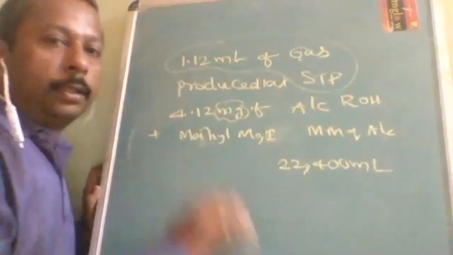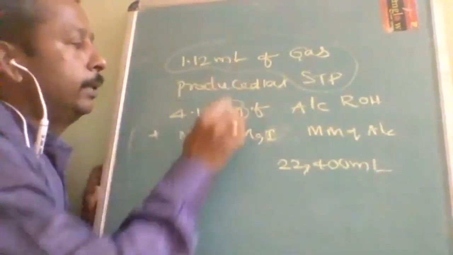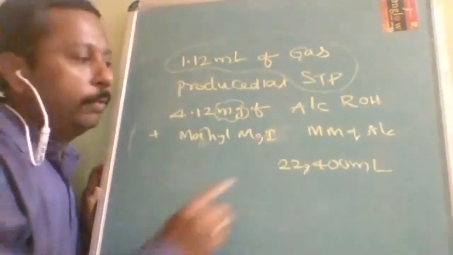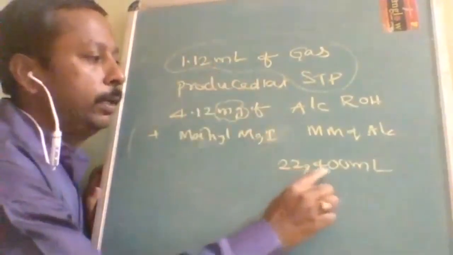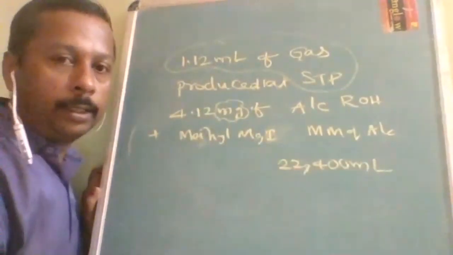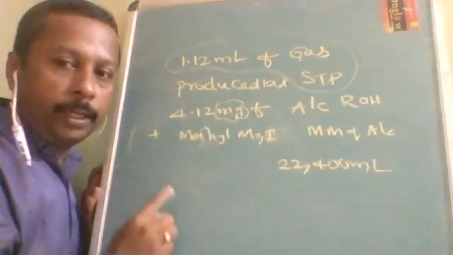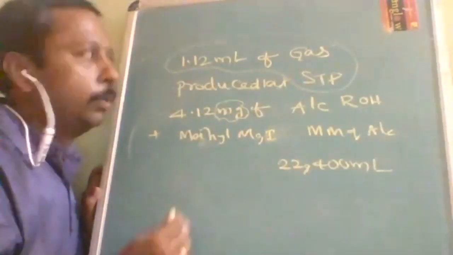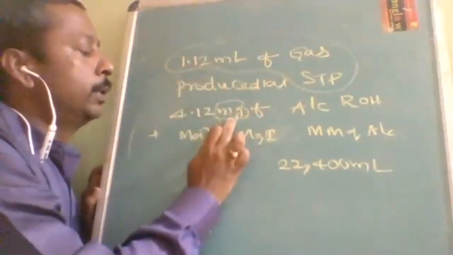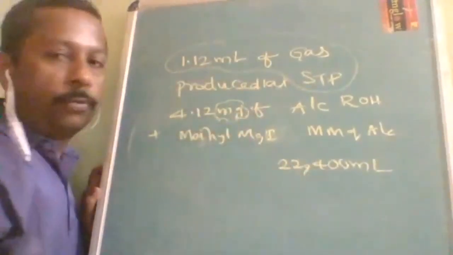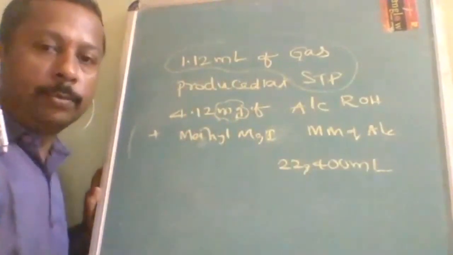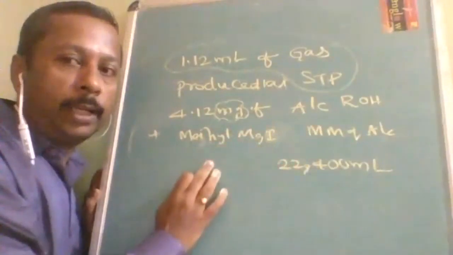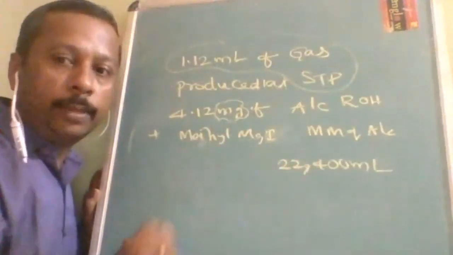See here, the beauty of this question lies in the units only. Milligrams and milliliters are given. Whenever milliliters are given, use 22,400. And here milligrams are there, immediately you should convert them into grams. So if this many milliliters equal this much, then 22,400 ml equals how much? Just to confuse you, all these alcohols, methyl magnesium, are deliberately included.